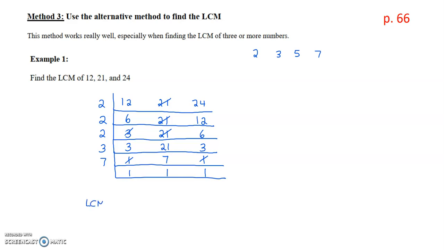My lowest common multiple is the result of all the numbers that I used for prime factorization, all the numbers I divided by. That's going to be 2 times 2 times 2, right? 2 cubed times 3 times 7.